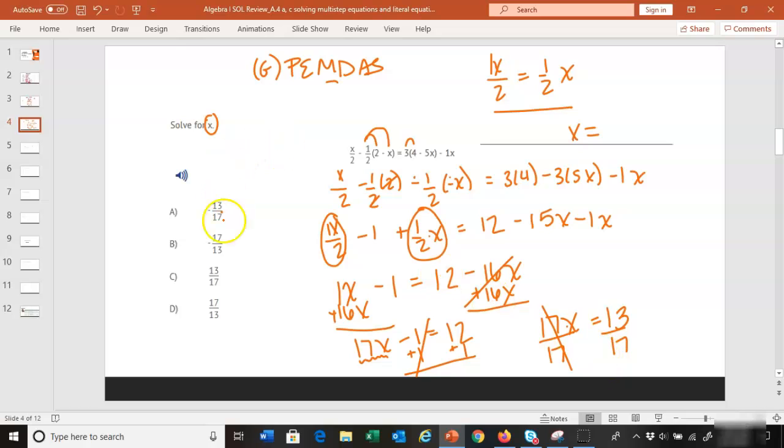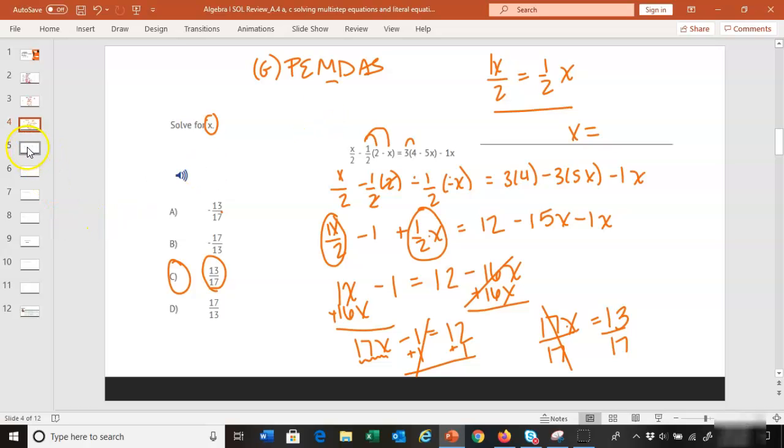Here we go, x equals 13 over 17. It is C. So if you made your way down to C and you plugged this in everywhere you saw an x, then you would have the left-hand side equaling the right-hand side. And so that is the solution.